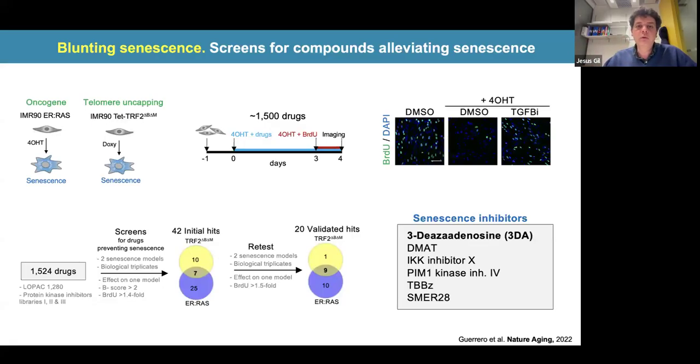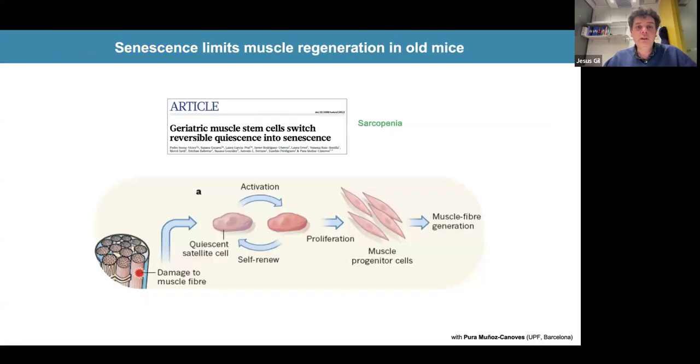And we thought that it would be good to test whether this could be relevant in some therapeutic context. And in particular, in this case, what we did is collaborate with Pura Muñoz, who was based in Barcelona, so now she's in the States, working for Altos Labs.